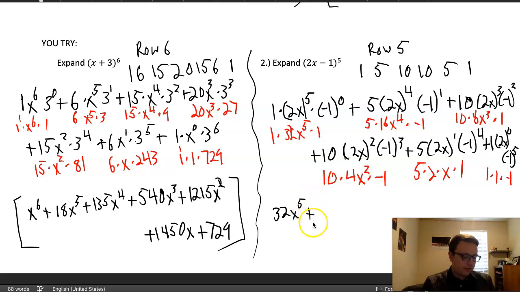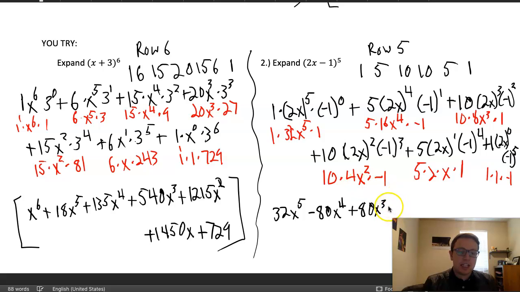and then we'll have not plus, because we have a negative 1. This should be minus 5 times 16, where that is 80 x to the 4th. Then we'll have 10 times 8, so that'll be plus 80 x cubed.